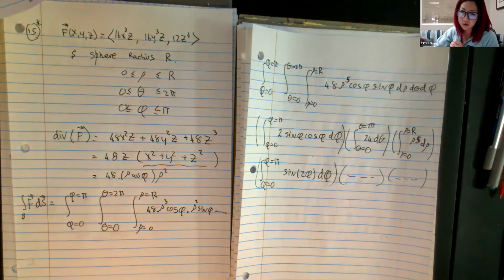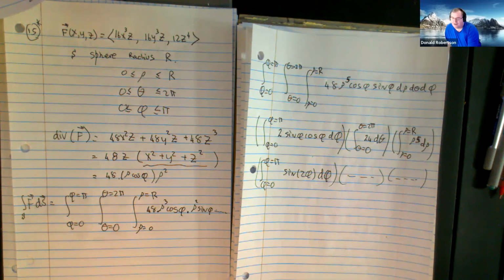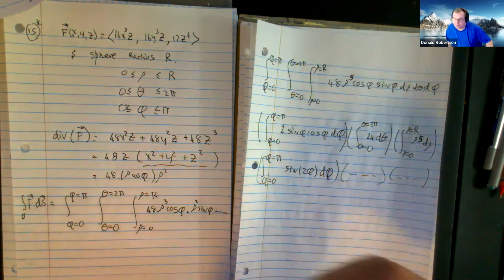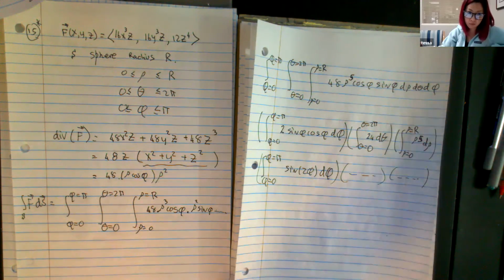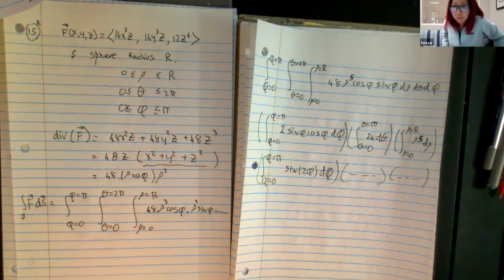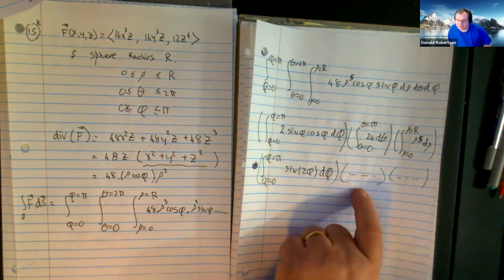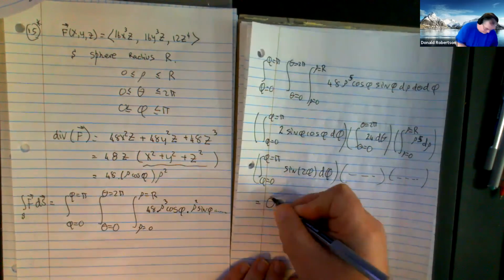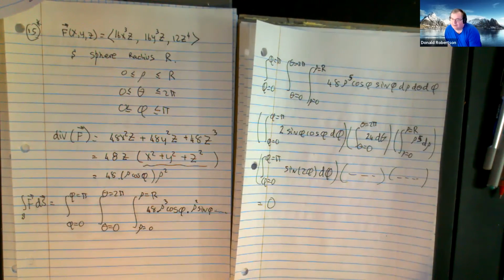Negative cos 2 phi. No, not even that. Although that's true, there is going to be that, but I don't even need to do that. I know the answer to this integral. The final answer, not the integral and then plug in the numbers. 0. Yes, agreed. And if this is 0, do I really care about this? So the final answer was just 0.